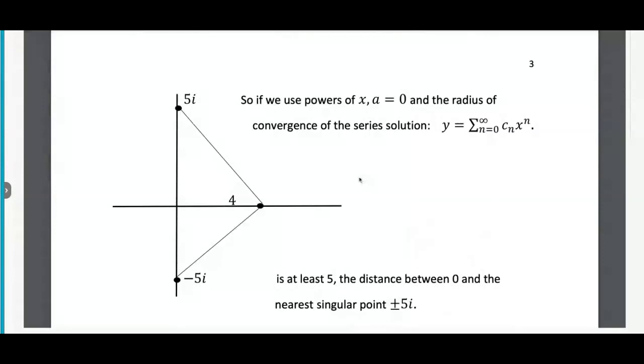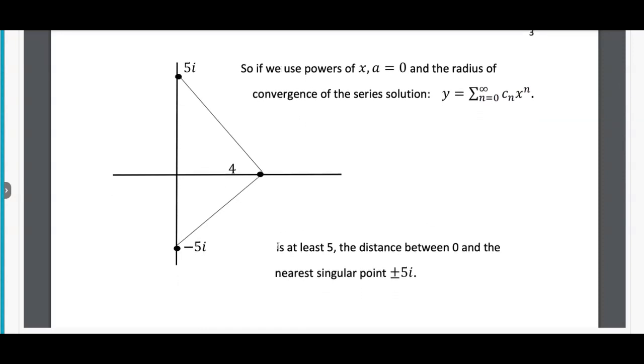So if we use powers of x, a is 0, and the radius of convergence of a series solution is this, because x minus a is x. So that's just x raised to n. The radius of convergence is at least 5, the distance between 0 and the nearest singular points, plus minus 5i.